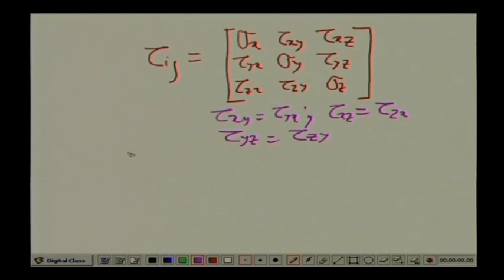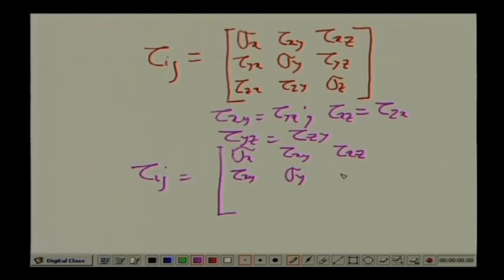Thereby, the stress tensor can be written as tau i j in matrix notation again as sigma x, tau x y, tau x z; y x and x y being the same, let me write this as tau x y, sigma y, and tau y z; z x and x z being the same, we write this as tau x z, tau y z, and sigma z.